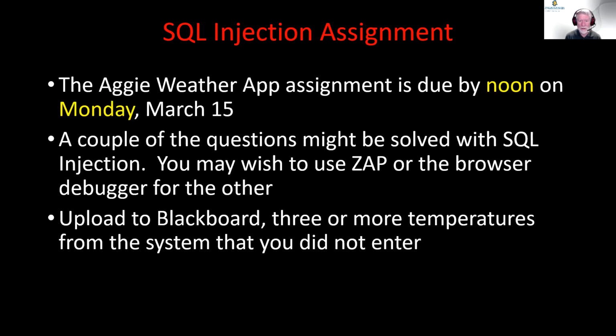Think about the temperatures. There's a limit. You can't enter any temperature over 40, which I find kind of chilly and nasty. So we want to be more positive and do something warmer. By the way, we're assuming these are degrees Fahrenheit. Degrees over 40 Celsius are kind of nasty in their own sense. Okay, and you may use the debugger or Zap to fix that.